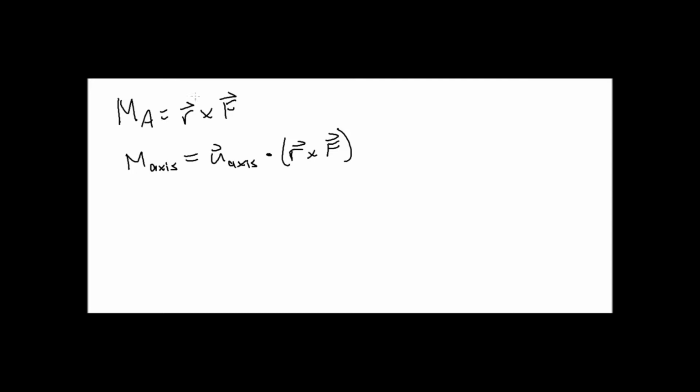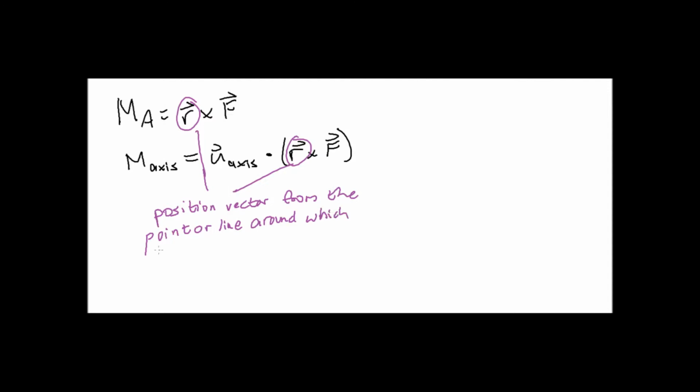Now, I'm not going to talk much about how to use those right here, but what I do want to talk about is what these r's mean, because they actually have a similar definition, and that is that r is the position vector from the point or line around which we take the moment to the line of action of our force.